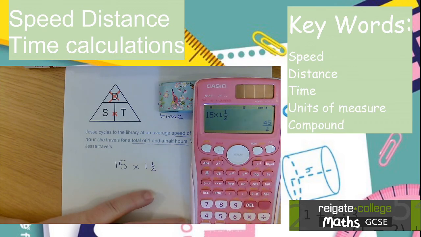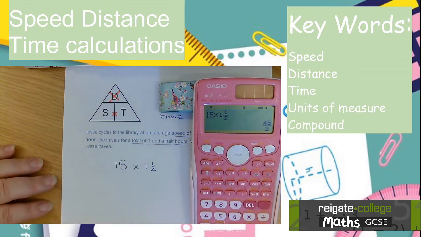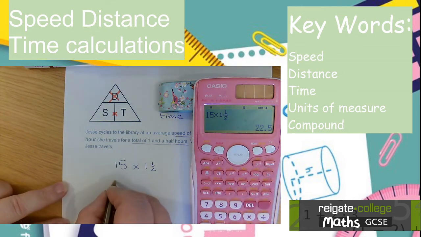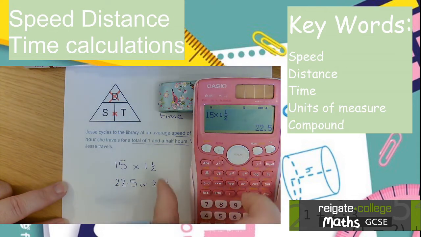Press the equals and we're given the answer, which when converted to a decimal is 22.5. It's the same answer.